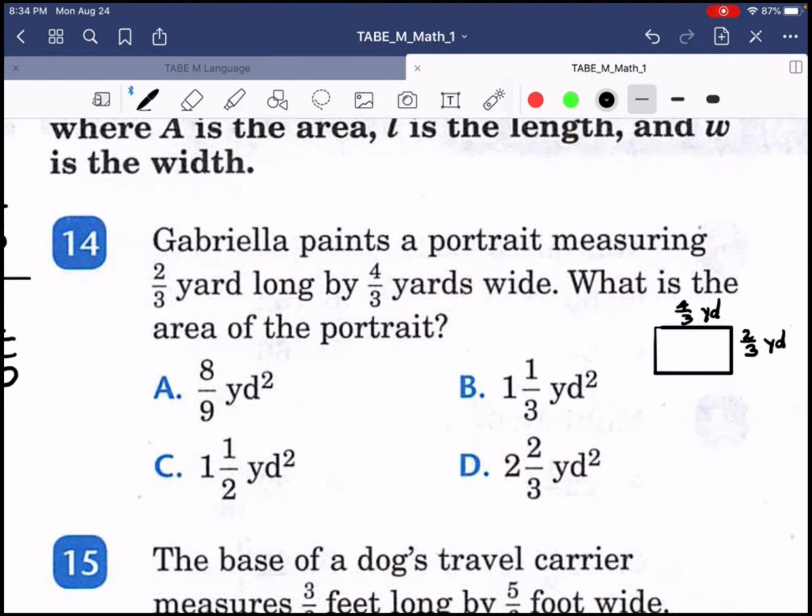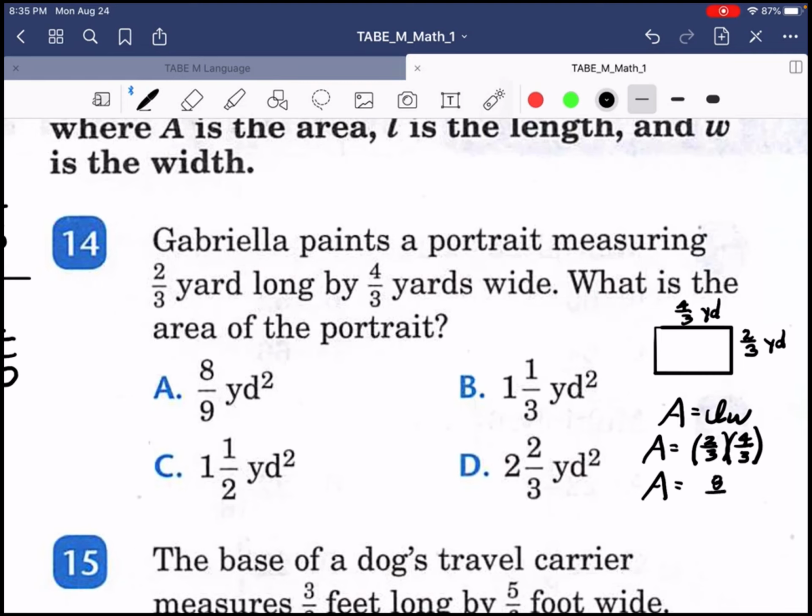And then I would write the formula for area. That's just a good habit to be in. Area equals length times width. I use a cursive L so it doesn't look like a 1. The length is 2/3. The width is 4/3. The parentheses mean multiplying.